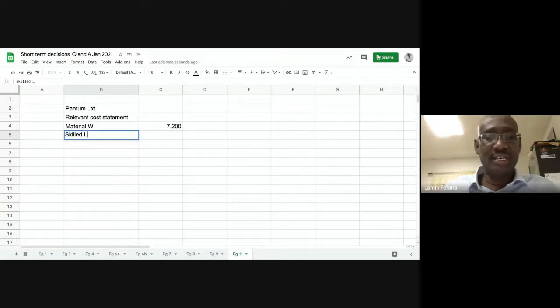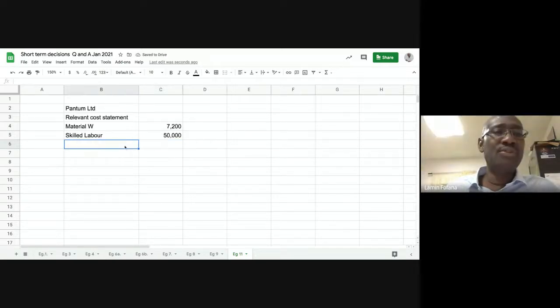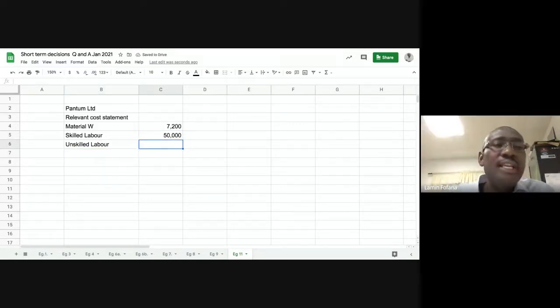The skill level. Okay. Our skilled level is 50,000 straight. So we'll just put 50,000. Okay, and our unskilled level is divided into two. So I just copy this and add UN on it, and I'll change the capital S to small s. Okay, so unskilled level will be divided into two.